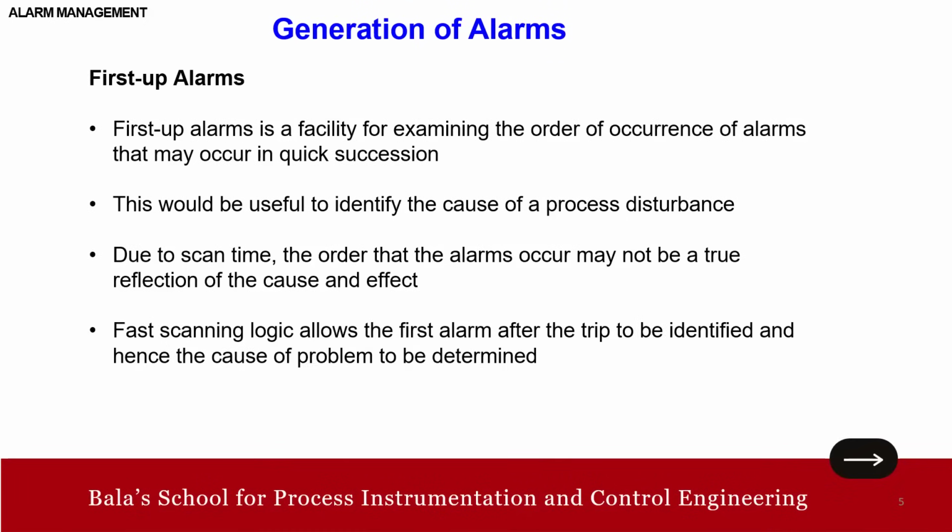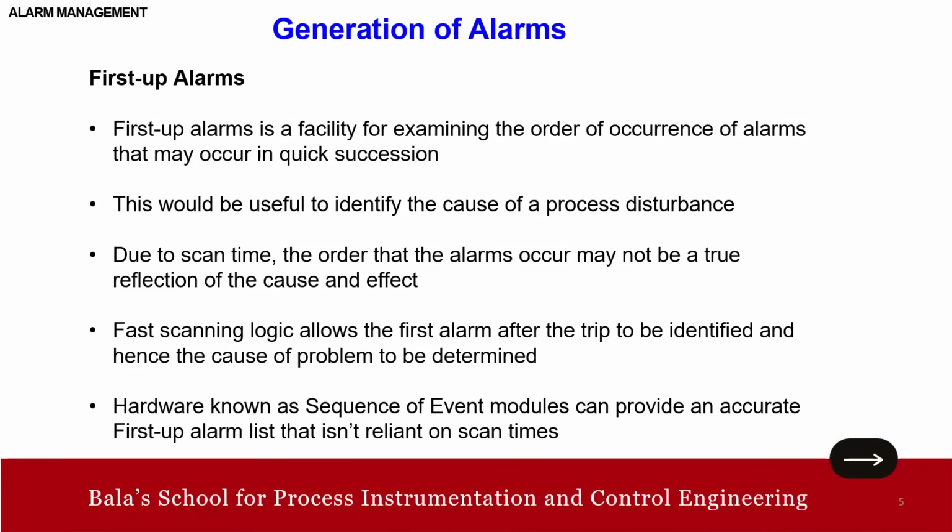Fast scanning logic allows the first alarm after the trip to be identified and hence the cause of the problem to be determined. On the hardware side, you may know we have a sequence of events module, which can provide an accurate first alarm list. So that is the point I wanted to put forth as part of the first-up alarm.